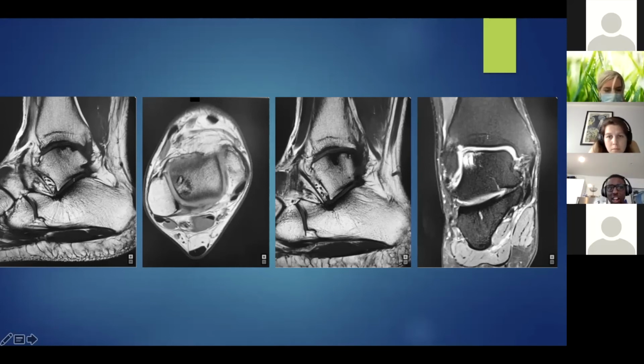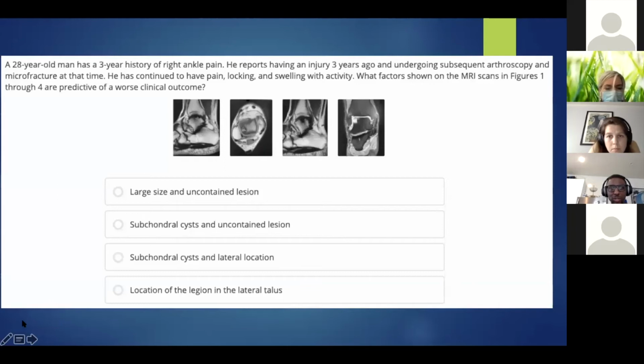Yes, exactly. So why do you think that this probably didn't work so well, the microfracture, which we'll again talk about in a little bit? Yeah, so options, large size. You said it. Large size and uncontained lesion. Right. Yeah, so the larger the size, and we'll go over that again.